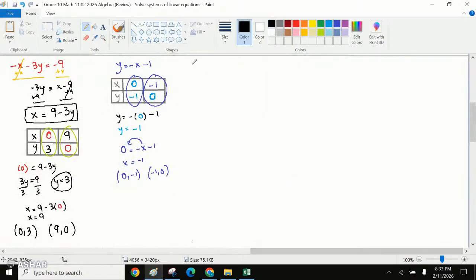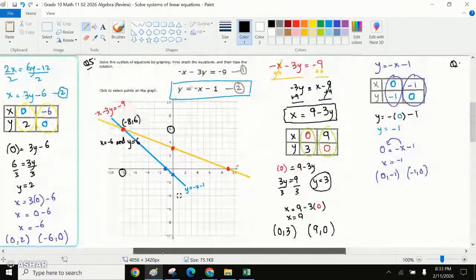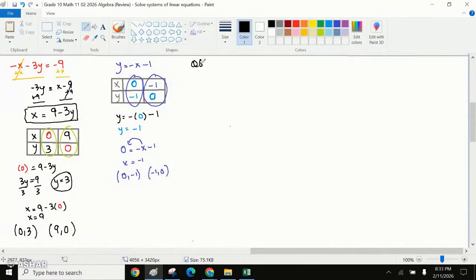Okay, I'll make a new question, a word problem, question number 6. Find the solution to the system of equations.